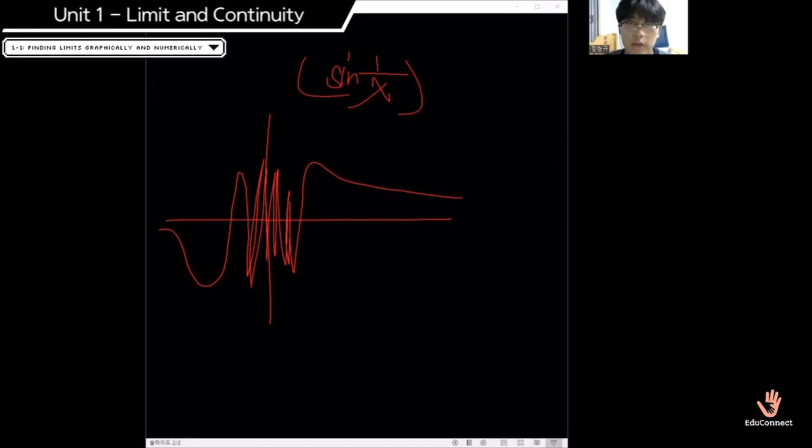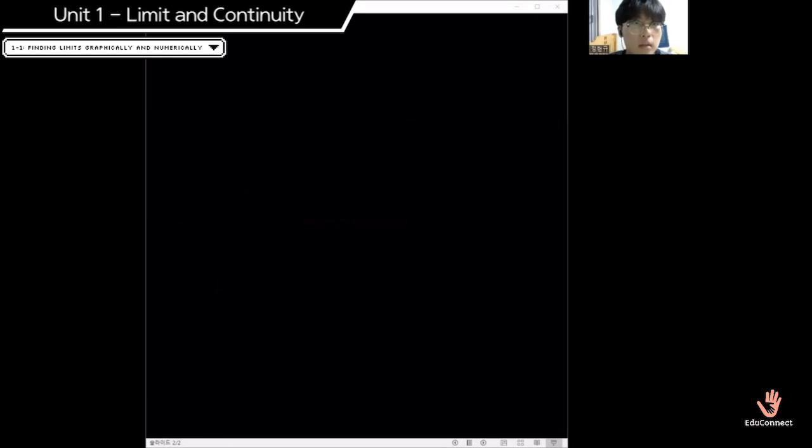Now, let's look at the function 1 over square root of x. We want to know what is the limit as x approaches 0 of 1 over square root of x. Let's look at the graph.